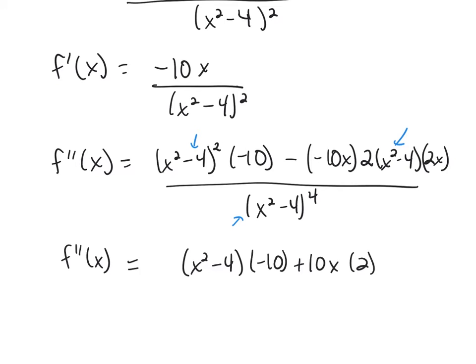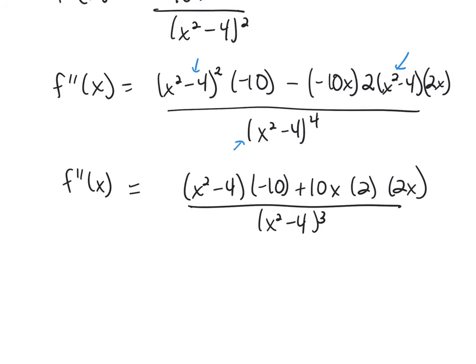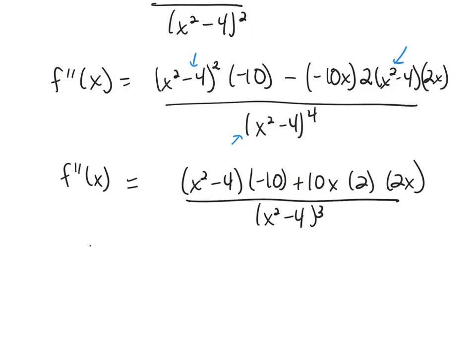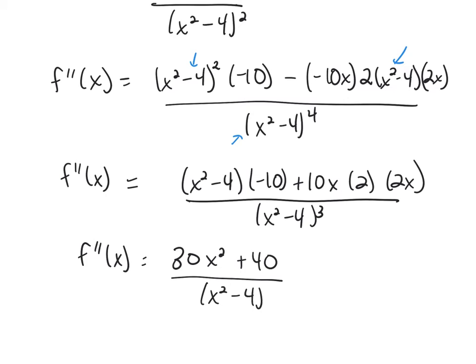I have no copies left here. And then it'll be x squared minus 4 cubed. And again, if you multiply out the numerator, simplify it a little bit, you'll get 30 x squared plus 40 over x squared minus 4.